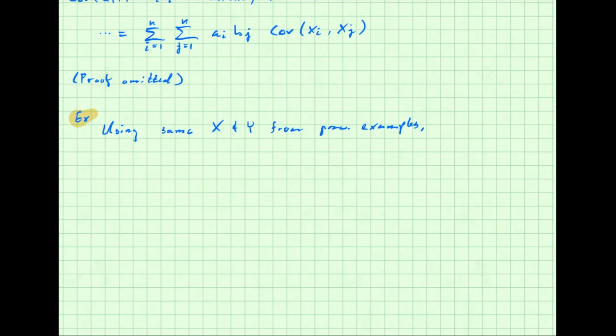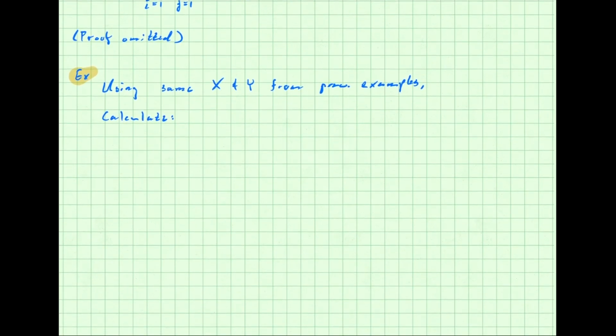I want to calculate, and then we'll just write it and then we'll do it in the same line, the covariance of 2x plus 3y with 4x plus 2y.